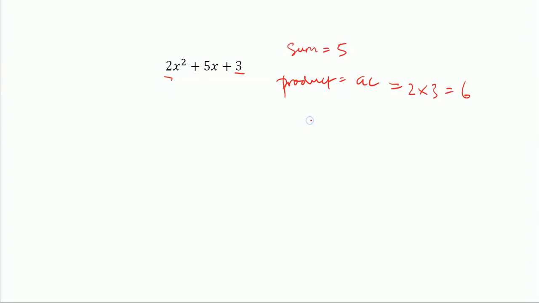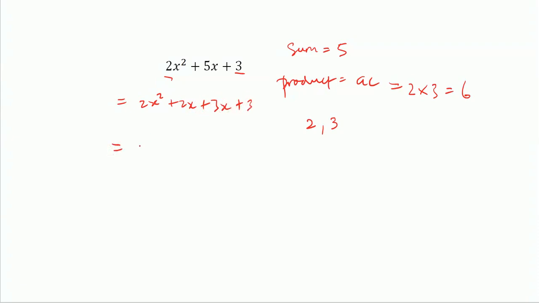So if we have 2 and 3, 3 2s are 6 and 3 plus 2 gives me 5. So I'm going to put 2x squared plus 2x plus 3x plus 3.